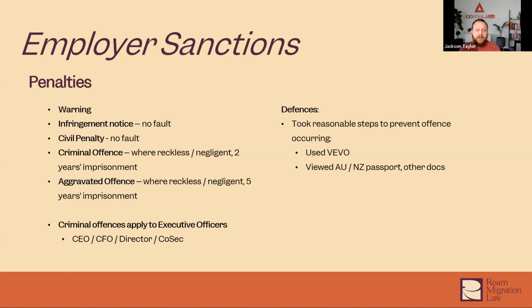There's a civil penalty, again, no fault required. Criminal offences are only relevant to individuals, of course, but criminal offences can occur in this sector because there is liability for executive officers. And an executive officer in this context can be a CEO, a CFO, director, or a company secretary.